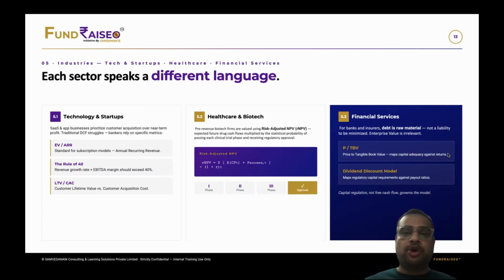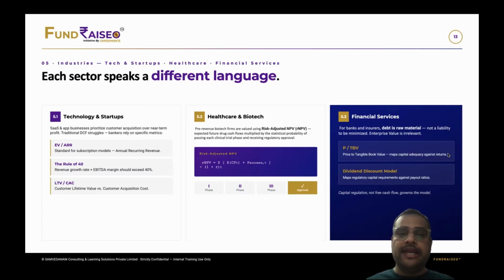Now, let's talk about healthcare and biotech. How do we evaluate healthcare and biotech? Any pre-revenue biotech firm is valued using a formula for risk-adjusted NPV. We all understand NPV stands for net present value, right? However, why are we trying to adjust for risk? The simple reason is that biotech firms work on finding out how successful the trials for the new drugs they are working on will be.